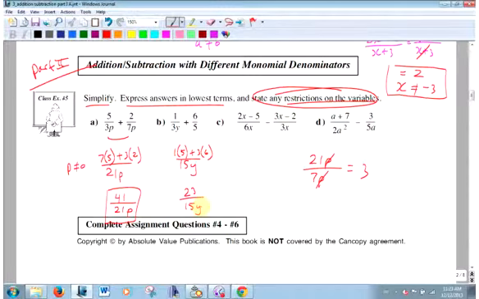Oh, yeah, thank you. 3y goes in there, 5 times 1 is 5. Okay, 5 goes into 15y, 3y times. Okay, so I missed something there. That's 5 plus 18y.